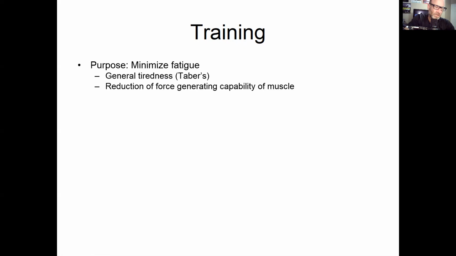Sometimes what we actually talk about with studying fatigue is that fatigue is a mental state or a prediction of how much further you can go. So it becomes much more of a perception of effort that influences fatigue. And if you perceive that you can't go that much further, your brain starts to tell the muscles to generate less force.